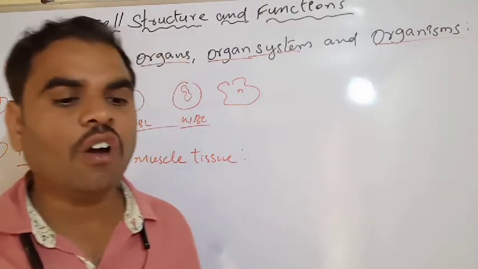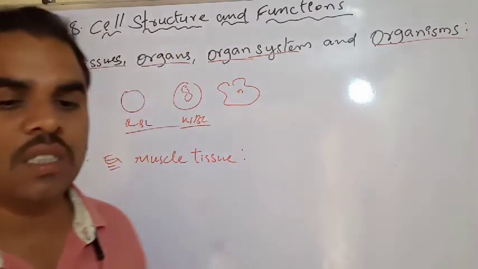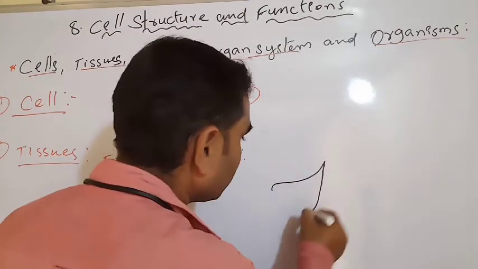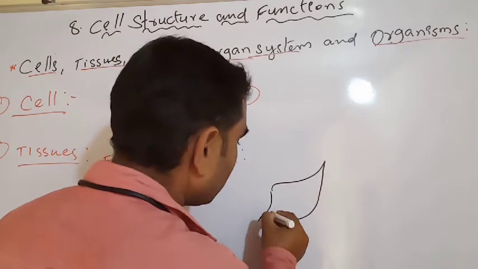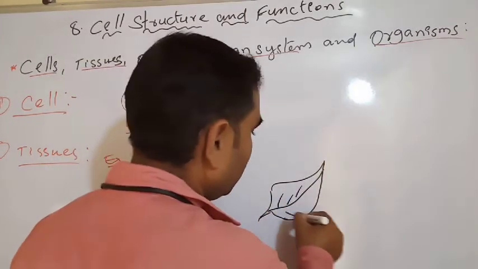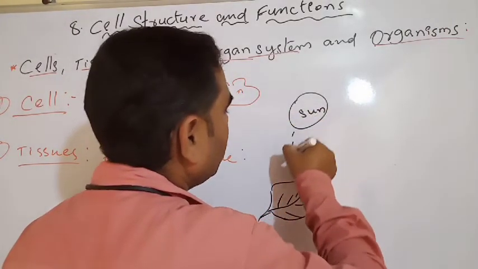Next, photosynthesis makes food substances, and that also occurs here. In the leaves there is a green pigment, getting sunlight.